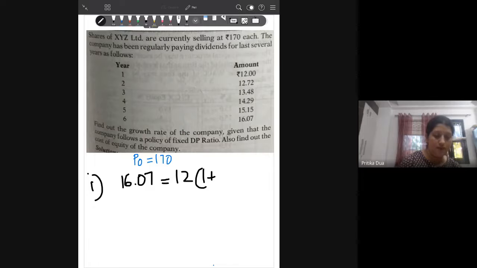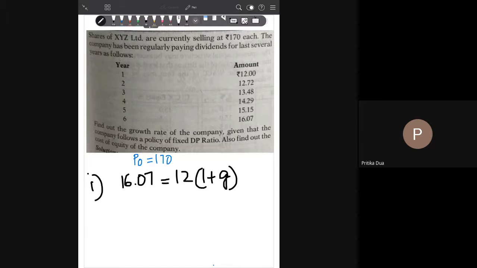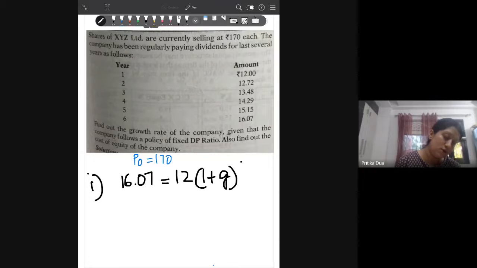So in 5 periods, so in 6 years down the line, at a particular growth rate, the dividend has increased from 12 rupees at the end of year 1 to 16.07 at the end of year 6. So this is how we try to find the growth rate.